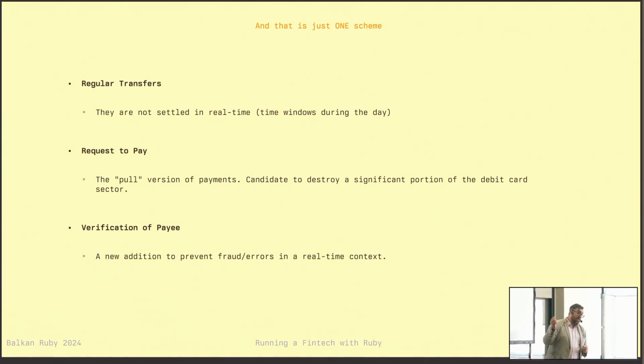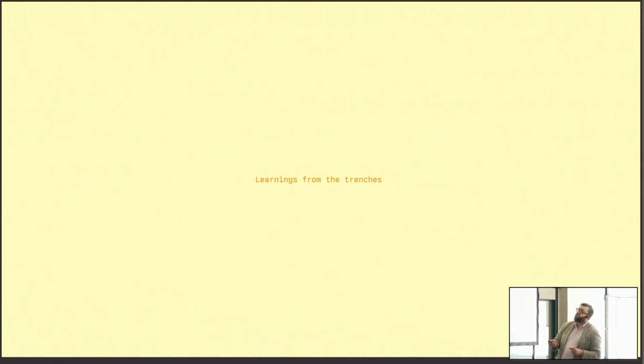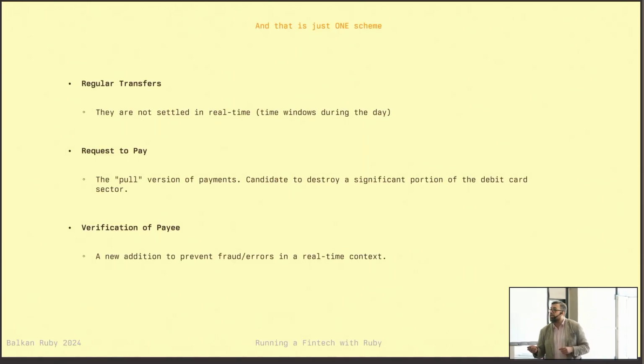Because of all this movement from batches to instant, there are increased opportunities for fraud and for criminals to trick you into sending the money to the wrong person. So the European Union is going to introduce another thing that lets you say to the other bank, please let me know if the beneficiary of this account is this person.